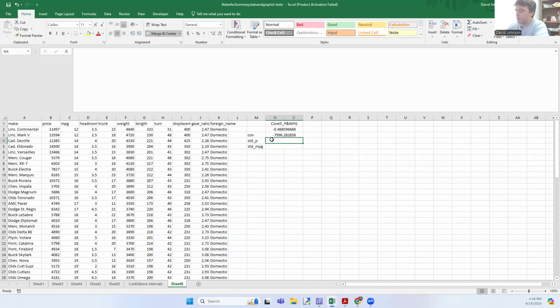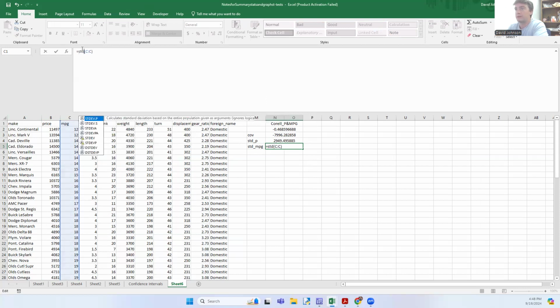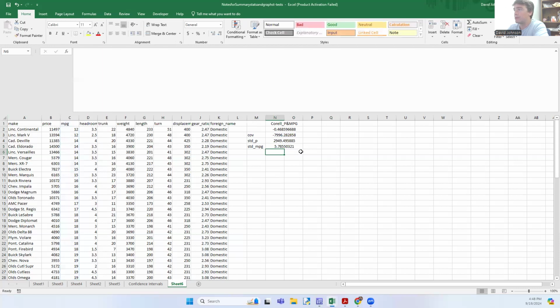All right, so equals standard deviation of the price, and then equal to the standard deviation of miles per gallon. And I got the wrong variable there. Standard deviation. There we go. Okay, we then are going to multiply this number times that number.